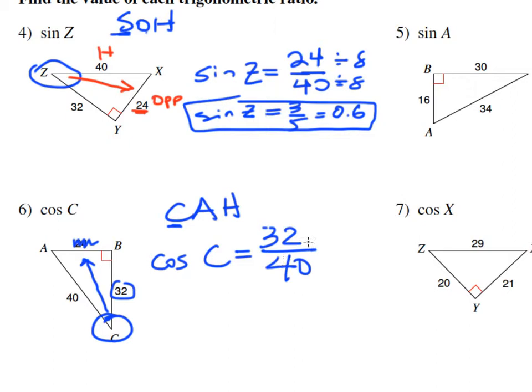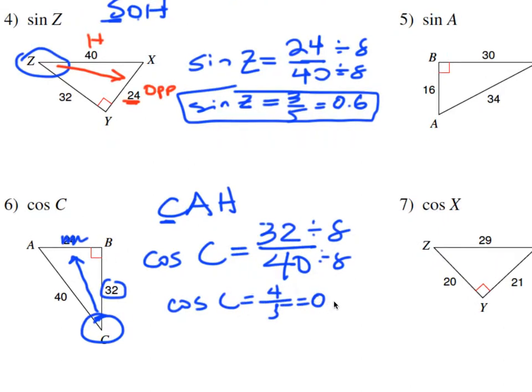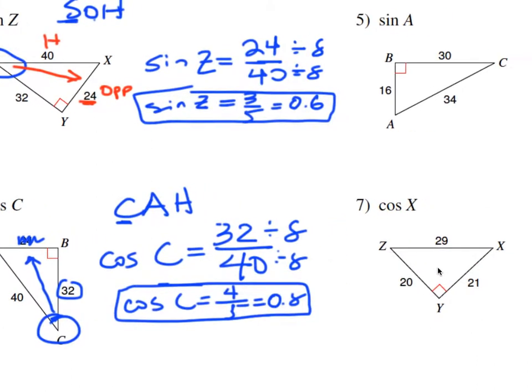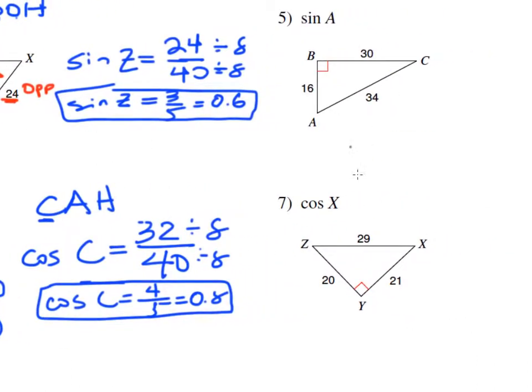That is the ratio. If you divide both by 8 again, we get 4 over 5, which is 0.8. All right, you can try these two on your own, and you can check in with me or someone else tomorrow.